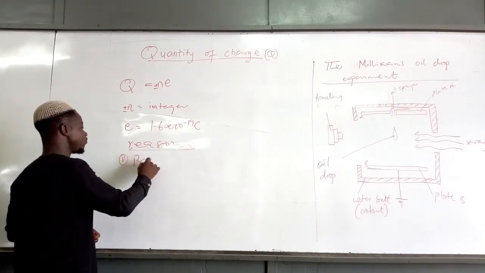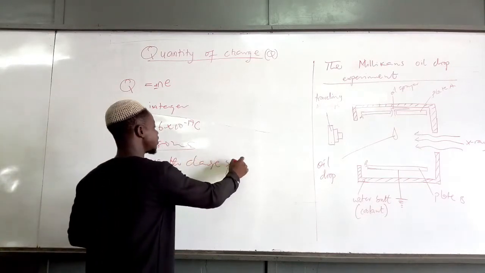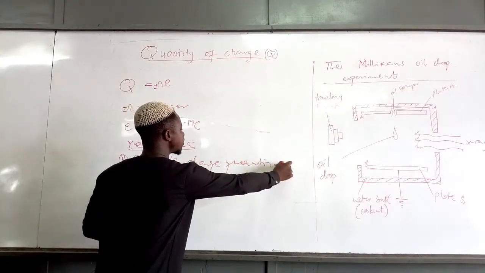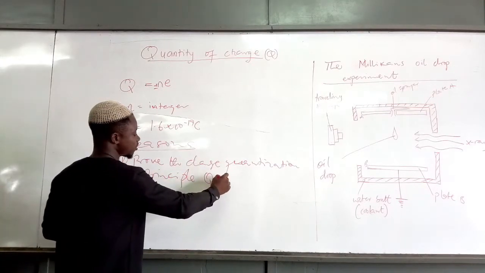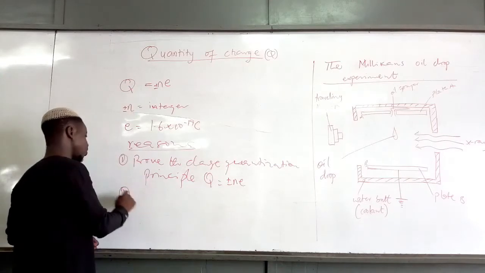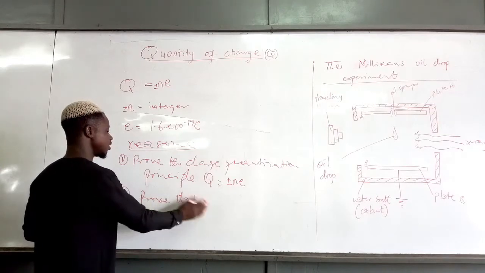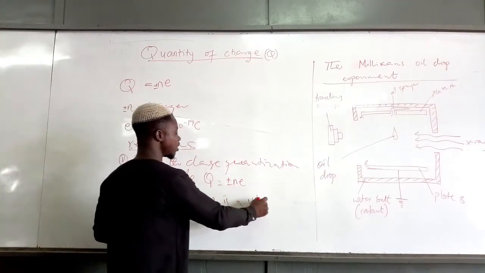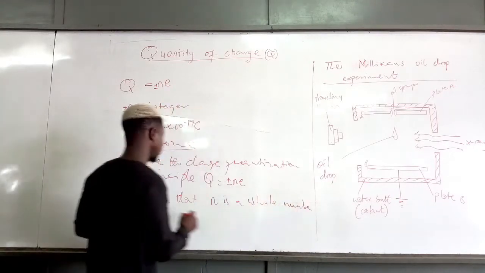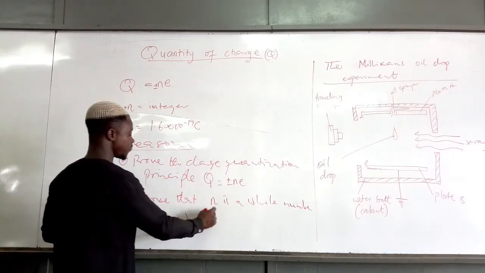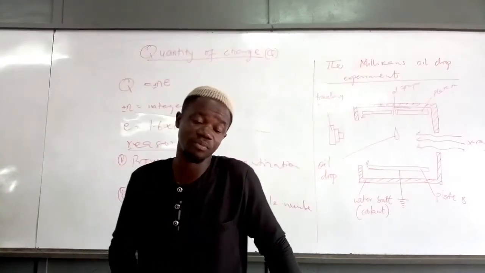One, to prove the charge quantization principle, which is Q equals plus or minus Ne, and two, to also prove that n is a whole number, but not a fraction. These are the two reasons why Millikan performed his experiment.